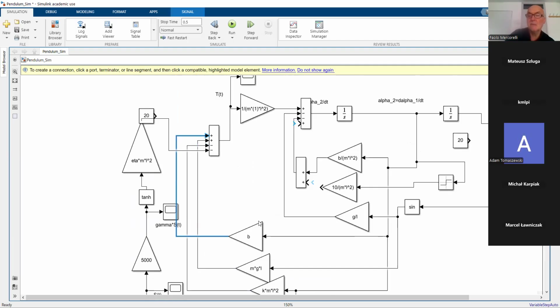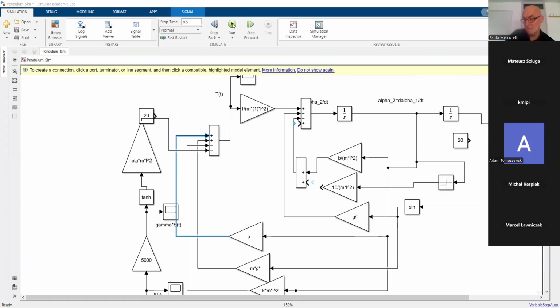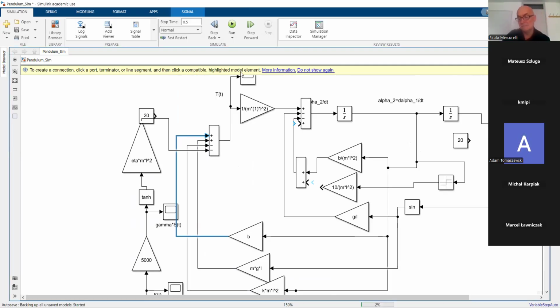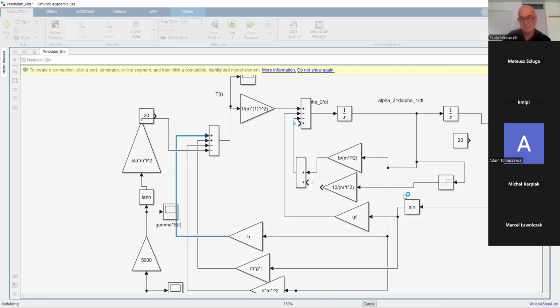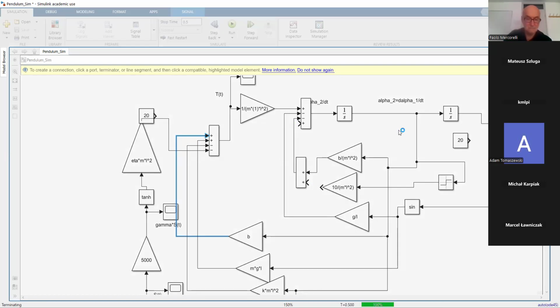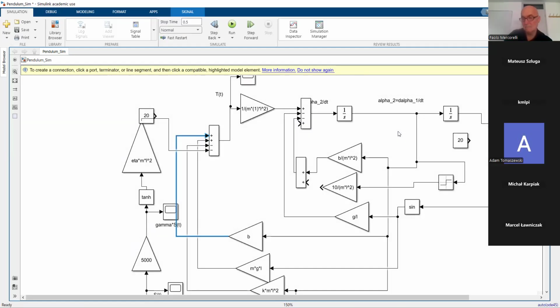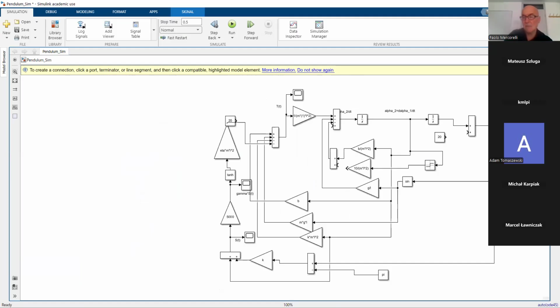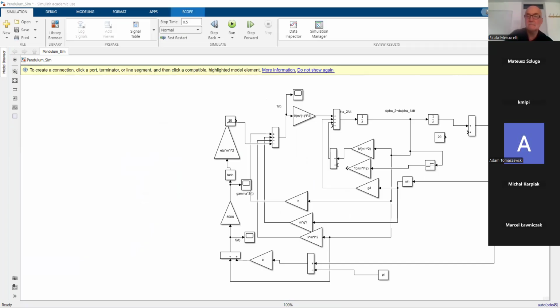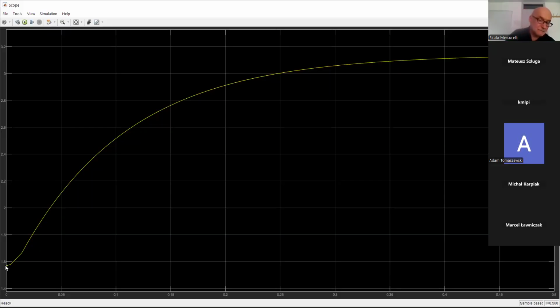Let me start with the simulation. Okay, let me show you what happens. Basically, starting from an initial value of pi divided by 2, I will show you why it is pi divided by 2.